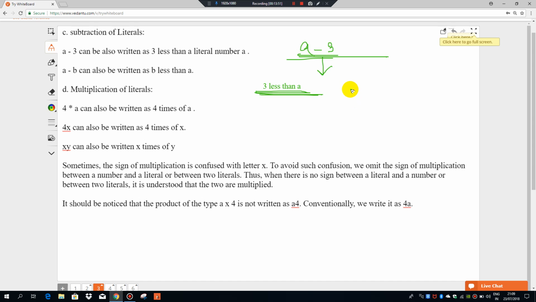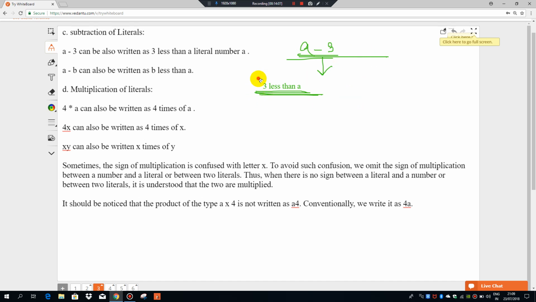That means we do the same as in addition. We took 7 plus X or X plus 7, and for that we wrote 7 more than X, right?